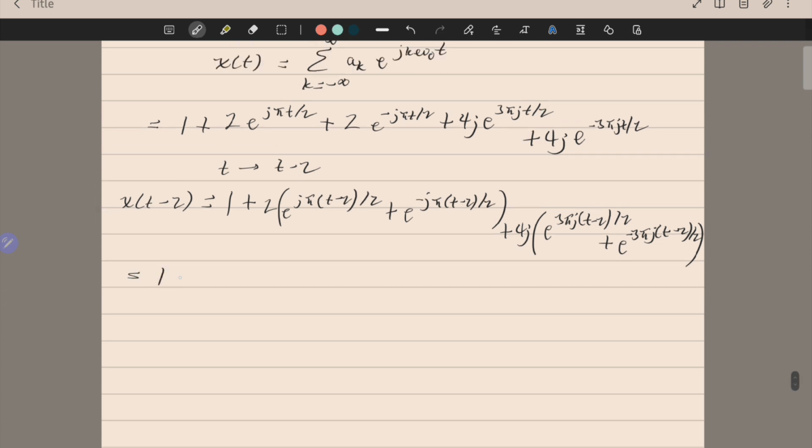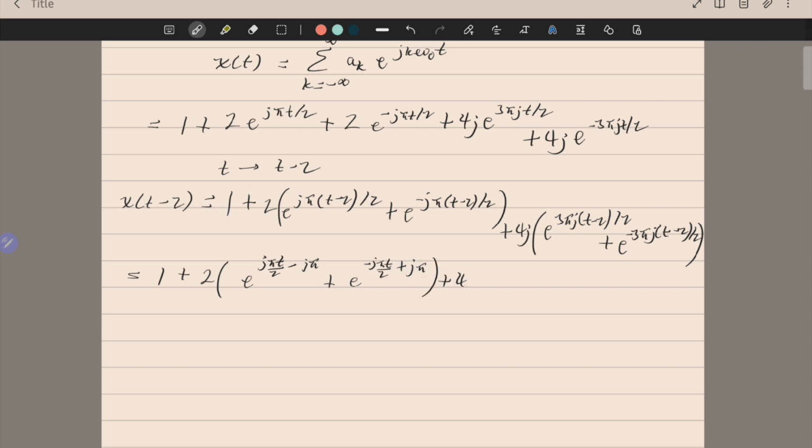So let's just expand this out. So this is equal to 1 plus 2. Okay, so this is e to the j pi t over 2 minus, that's just 2 over 2, right? That's minus 1. So multiplied by j pi, we get minus j pi, plus e to the minus j pi t over 2. Again, this is minus 1 multiplied by minus j pi, so this is plus j pi.